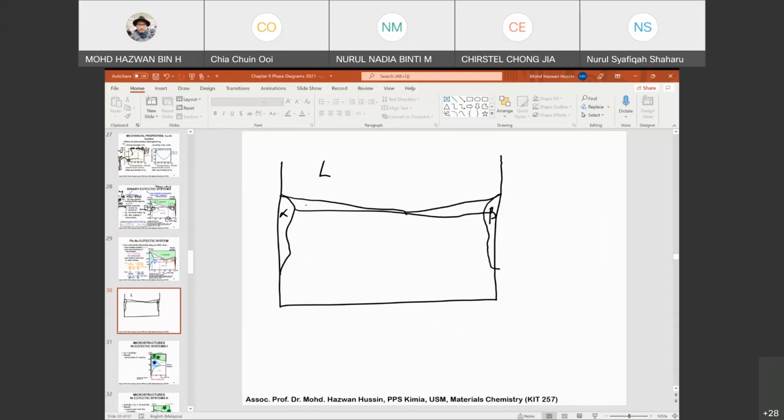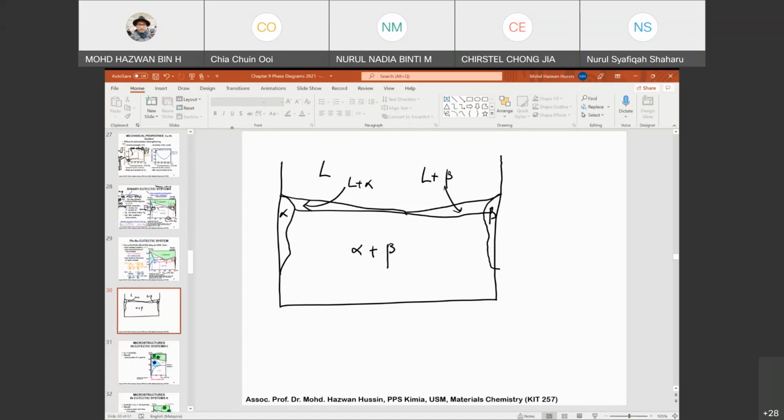Over here, this is liquid plus alpha. Why is it liquid plus alpha? Because the border is the border of liquid and also alpha. Meanwhile, over here it will be liquid plus beta, and at the bottom it will be alpha plus beta.